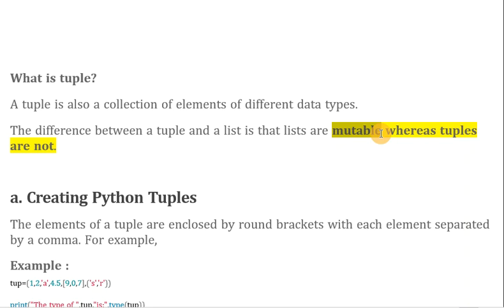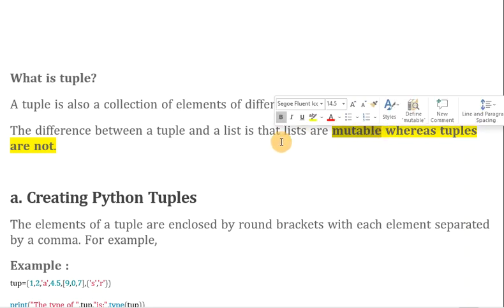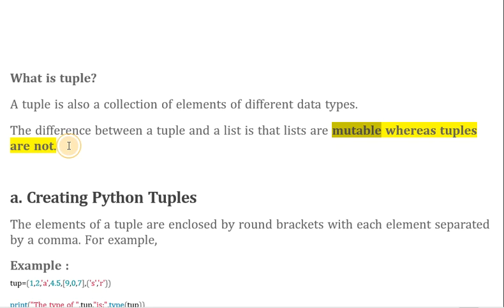If we try to change it, it will give us an error. Otherwise, we have to change it by another approach. Directly, we cannot change its value. So this is the meaning of mutable and immutable. So guys, you have to make a note here: tuple and list are both almost similar. The only difference is that tuple is immutable and list is mutable.